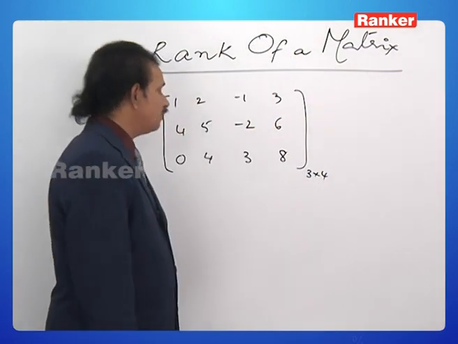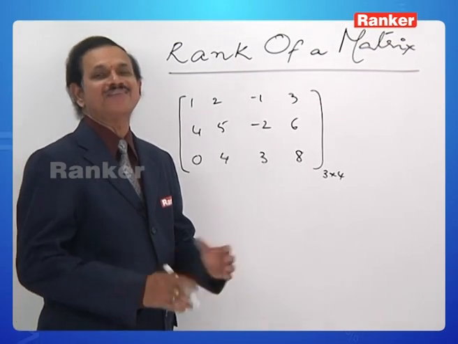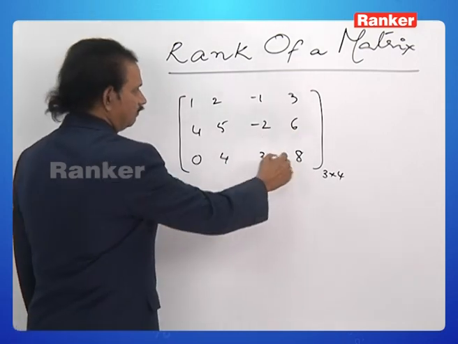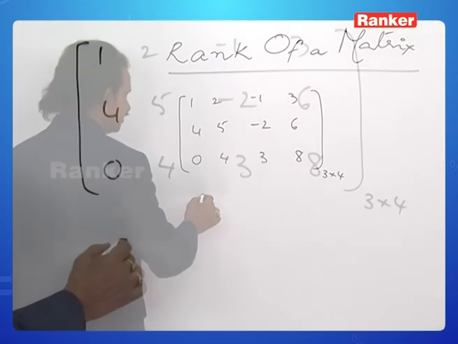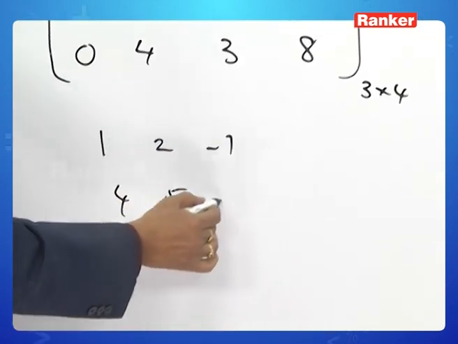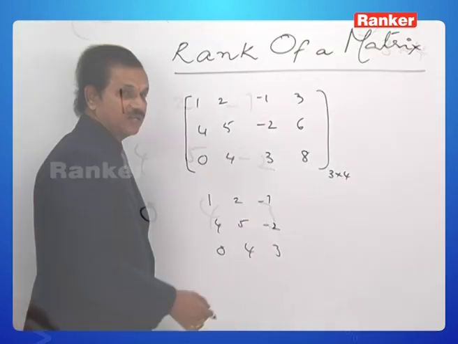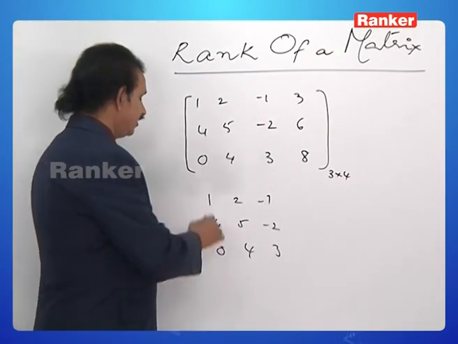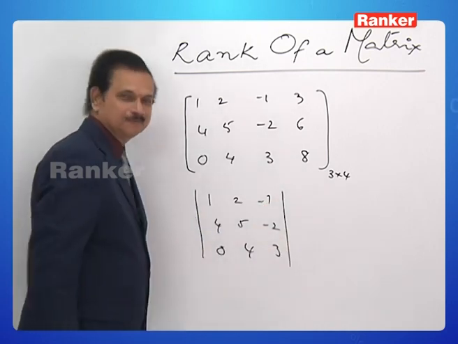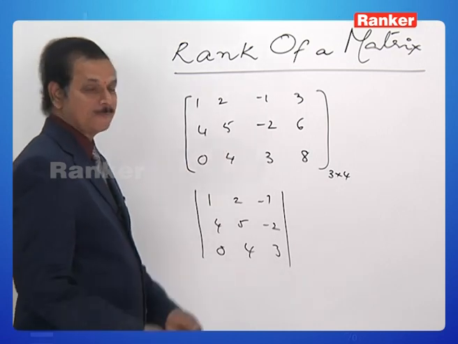Well, out of these submatrices, let us concentrate on square submatrices. Let me delete the third column. The square submatrix is 1, 2, minus 1; 4, 5, minus 2; 0, 4, 3. As it is a square submatrix, it is possible to have its determinant. How many such determinants are possible?